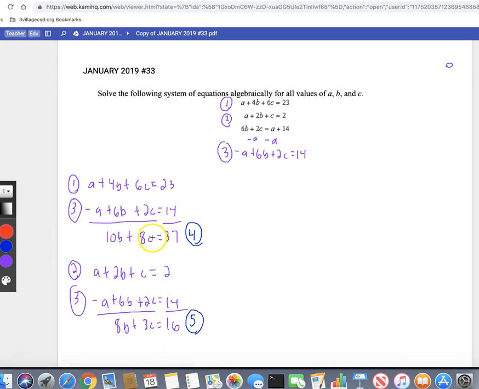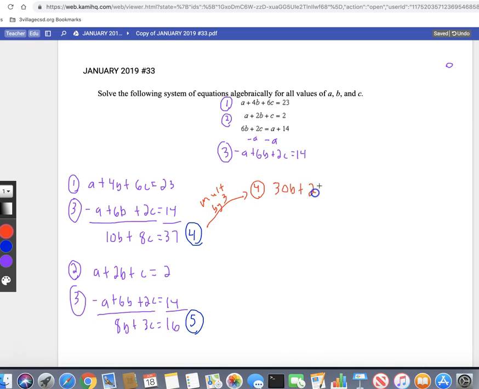So if we work with the variable c on equation 4, to get the coefficients to be the same, we would want to multiply our equation 4 by the value of 3.